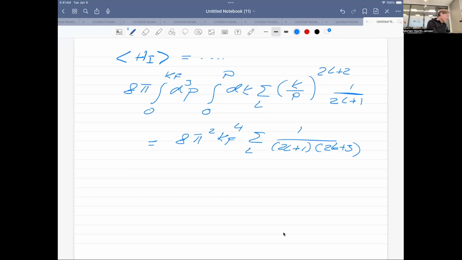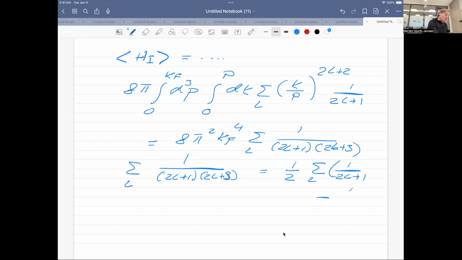So when you now look at this specific sum here, which is the one for which we just set up the answer yesterday, this is something you would rewrite as 2L plus 1 over 2L plus 3. And you can rewrite that as 1/2 of 2L plus 1 minus 1 over 2L plus 3.